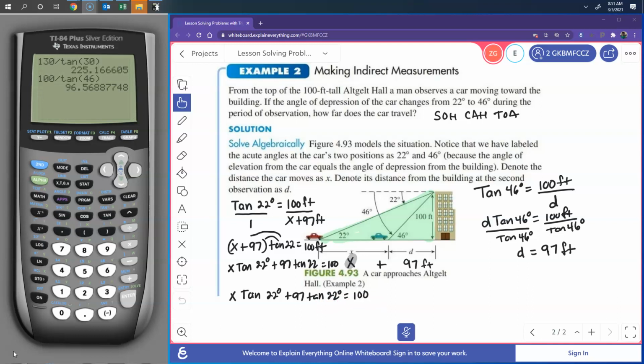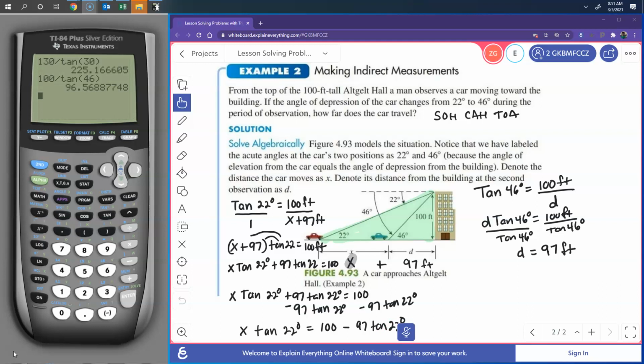And you're just going to go through the process as if you were solving a linear equation, so you have negative 97 tangent of 22 degrees minus 97 tangent of 22 degrees. So you have x times the tangent of 22 degrees is equal to 100 minus 97 tangent of 22 degrees.